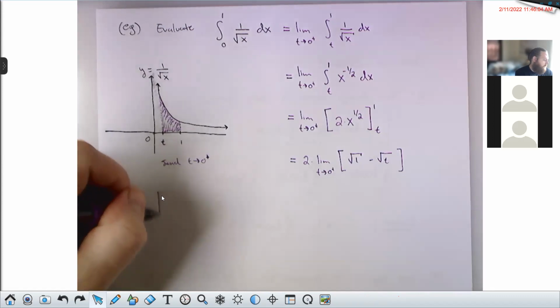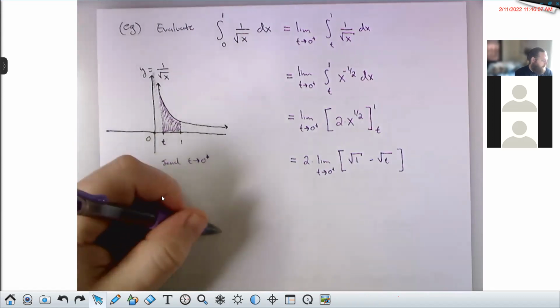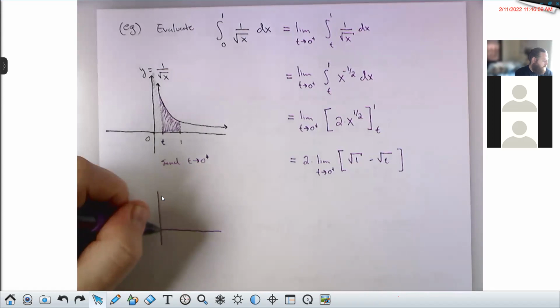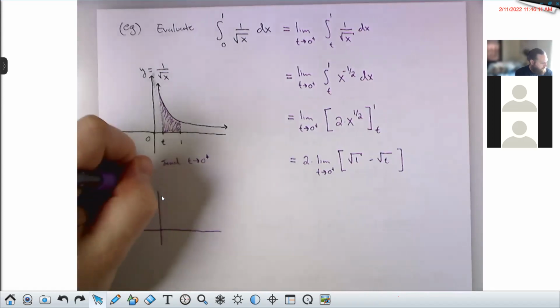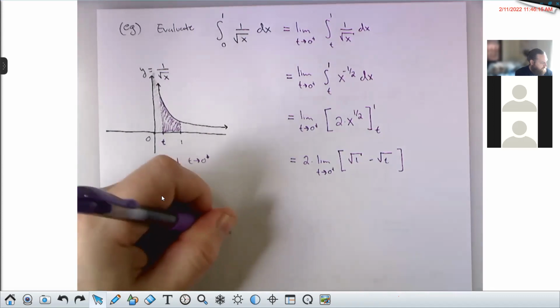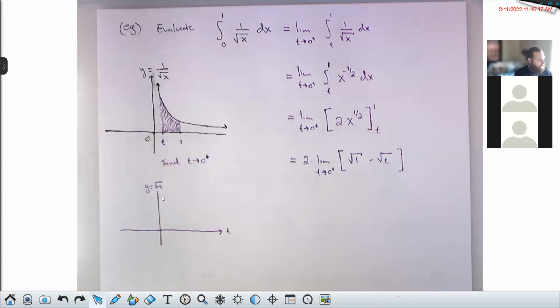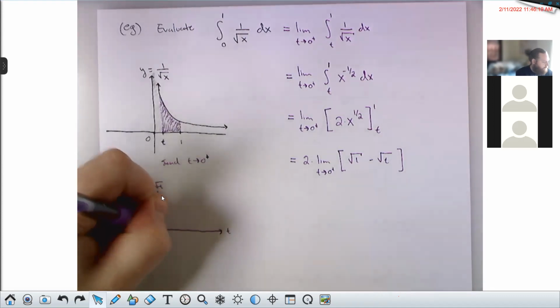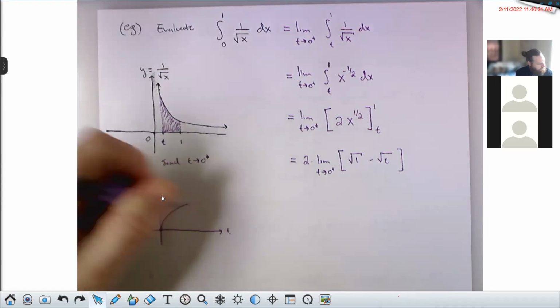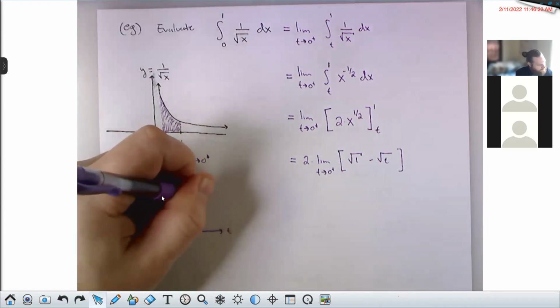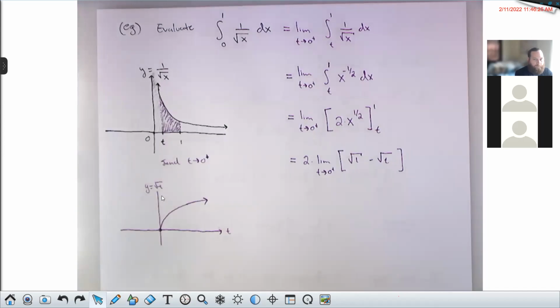And in order to sort out that limit, I think it's useful to think about the graph, y equals the square root of t, where this is my t-axis. That graph is half of a sideways parabola like this. This is what the square root function looks like.